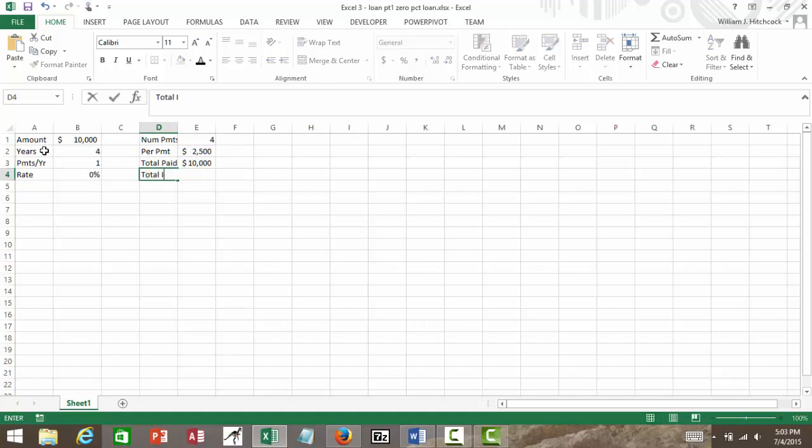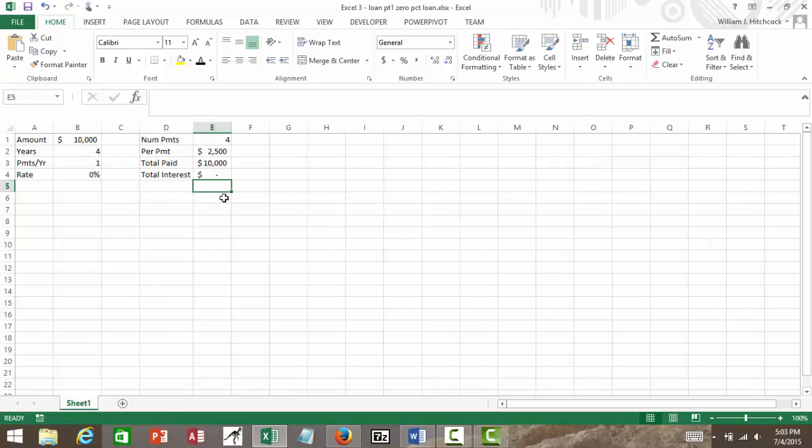And the total interest that we pay on this is just equal to the total amount that we pay minus the amount of money that we borrow. So in other words, we're not paying any interest. Our total interest is 0, and it just shows as a dash because that's the way it's formatted.